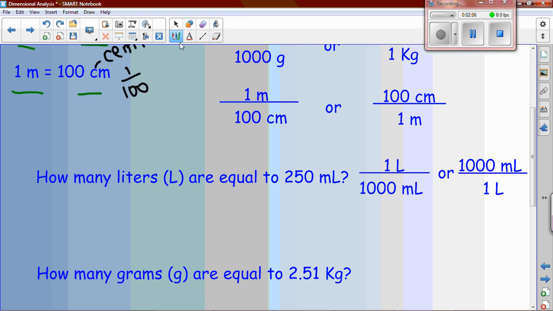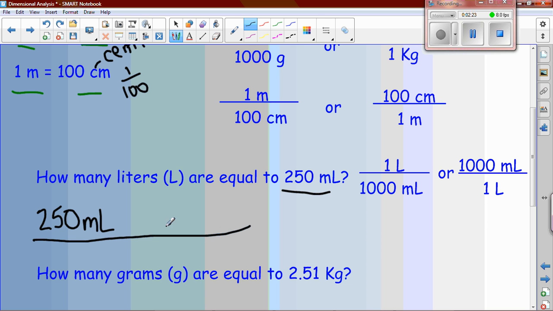Okay, and so the first thing you want to do is start off with the unit, the data, that we have. So we have 250 milliliters. And we're going to want to multiply this by some conversion factor. So what I say is you make what are called the railroad tracks.